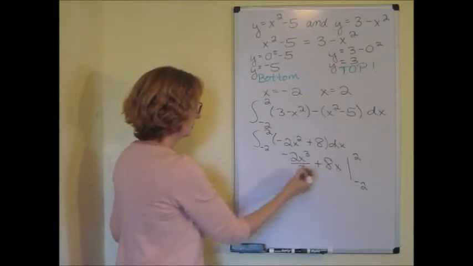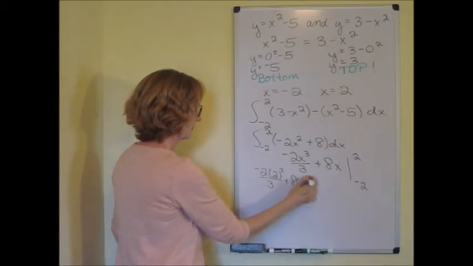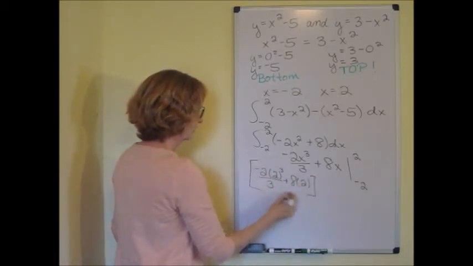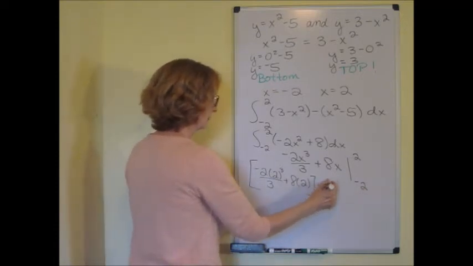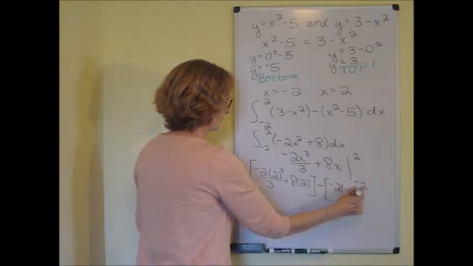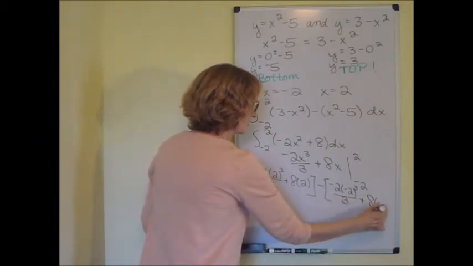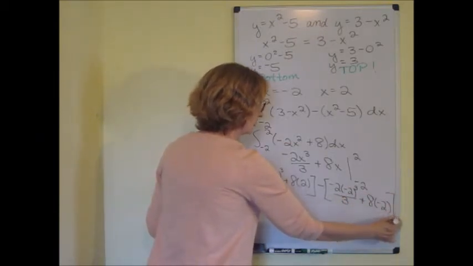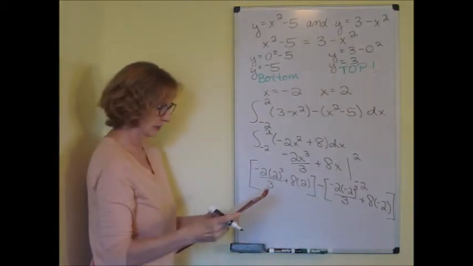So when I pop in a 2 for x, subtract, and then we plug in our negative 2 for x. And it's just a matter now of popping everything in correctly into your calculator. So let's see what we've got.